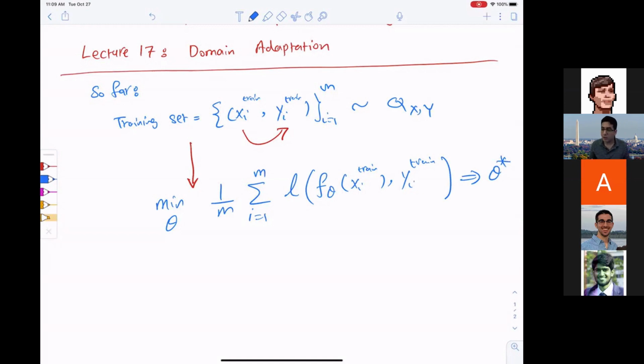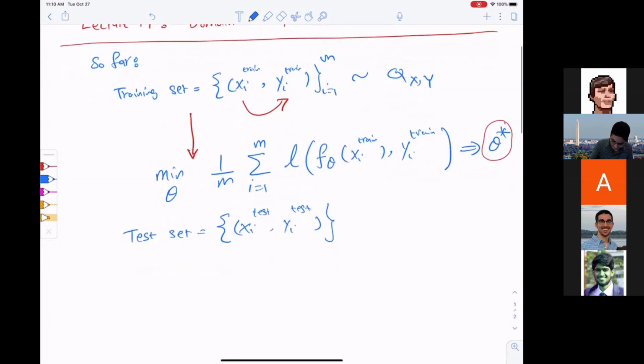So that's not the ultimate goal though, right? We have seen in the generalization lecture that ultimately what I care about is that if I take this function f theta star and apply it to my test set, I want to have a good performance. So let's say I'm given a test set, xi test, yi test.